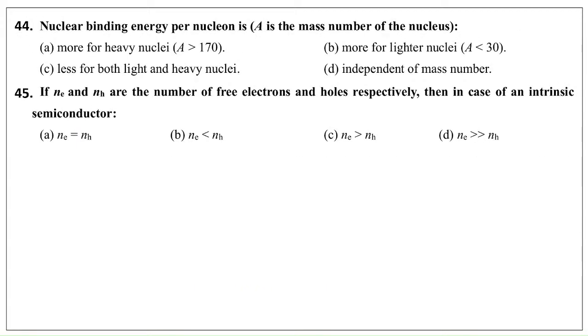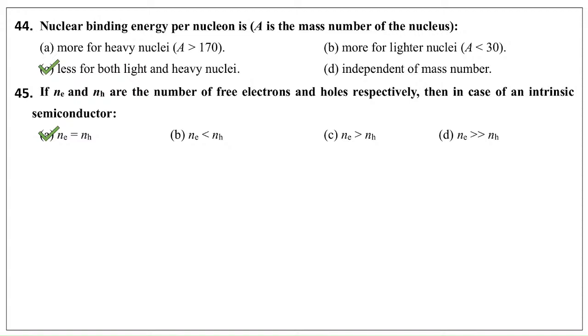Next. 44. Nuclear binding energy per nucleon is. Answer is C. Less for both light and heavy nuclei. Next. 45. If Ne and Nh are the number of free electrons and holes respectively, then in case of an intrinsic semiconductor. Answer is A. Ne is equal to Nh.